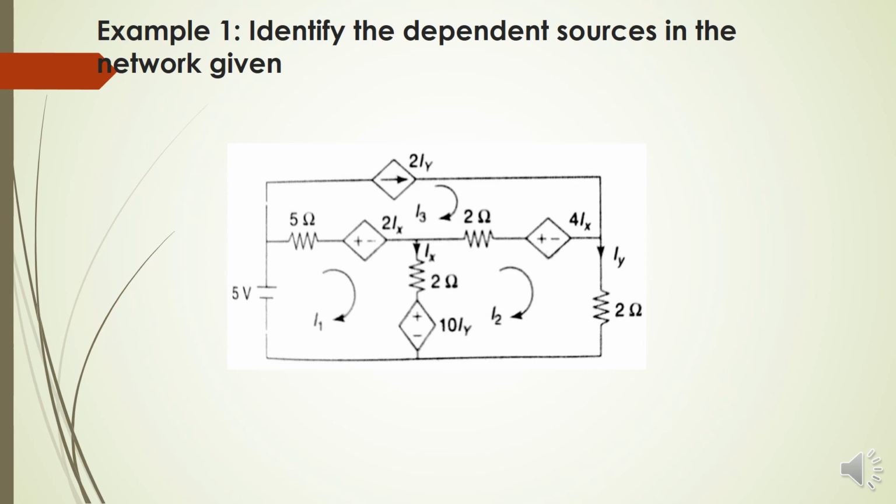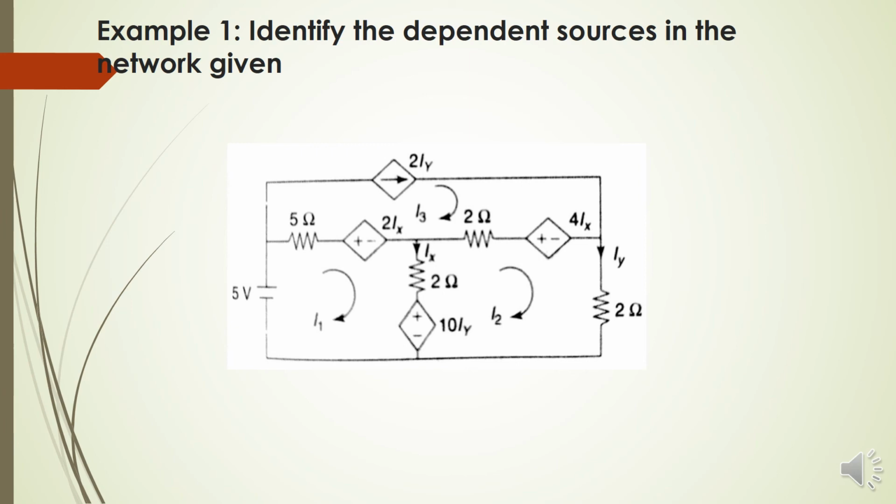So this is a current controlled voltage source. The second source again has a plus minus polarity with a value of 10Iy. Again it is a voltage source controlled by some other current, so it is a current controlled voltage source.